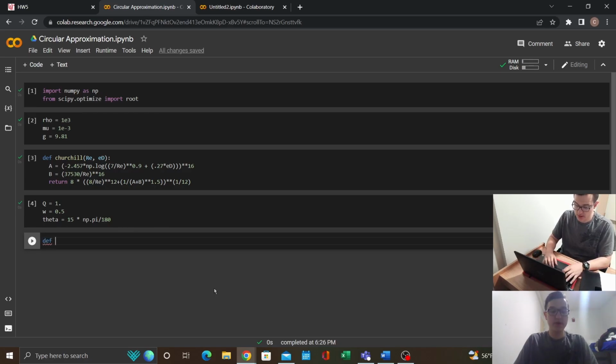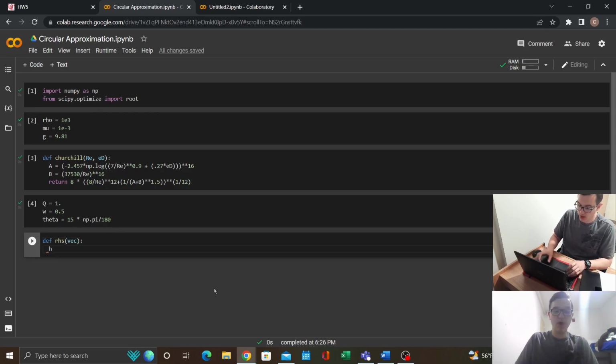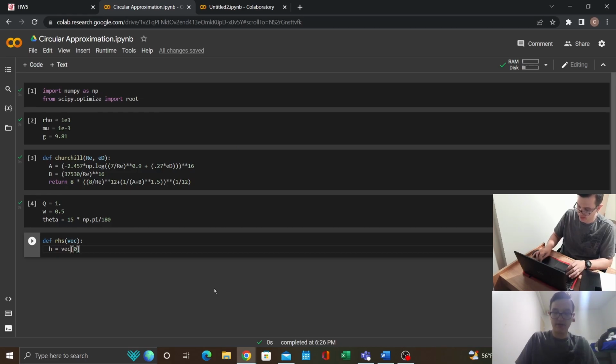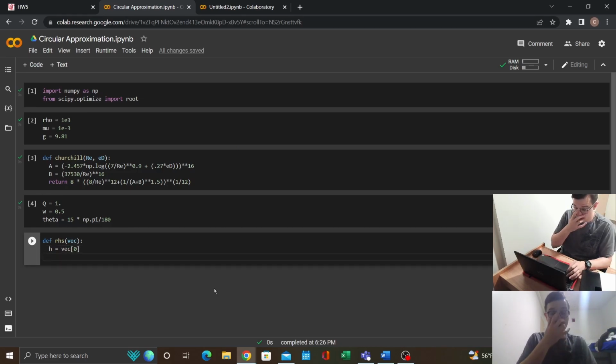So all we need to do now is define a function to put into our root solver. So define right-hand side, it takes the vector. We want h, we are looking for height, and we're going to need to give an initial guess. So height is equal to vector value 0. With all of this, we can find the diameter.